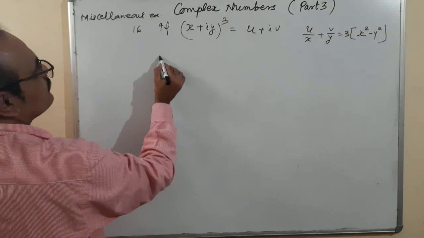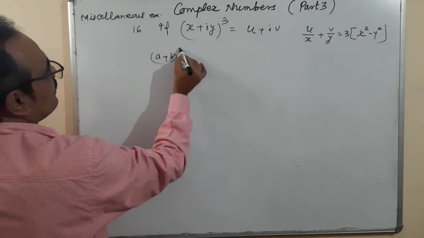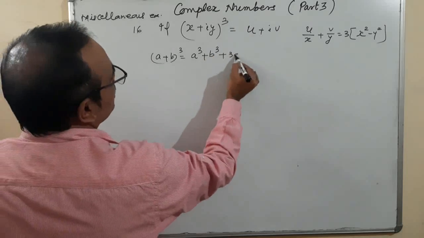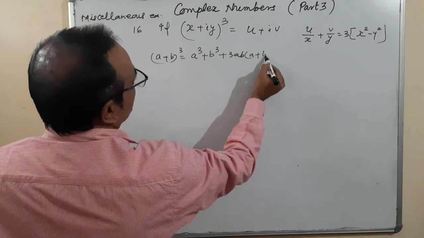The formula for (a + b) whole cube is a³ + b³ + 3ab(a + b).